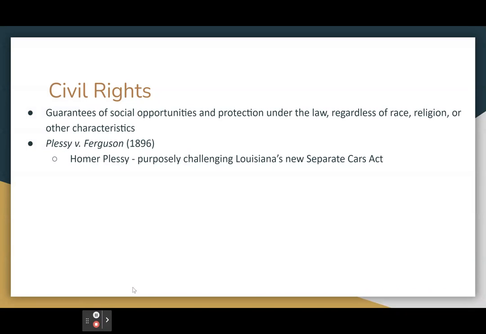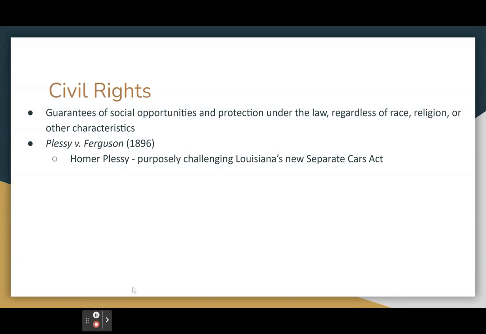You were subject to laws that essentially treated you as a black person in the eyes of the law, right? So he's legally deemed black, which meant that he had to sit with black people.